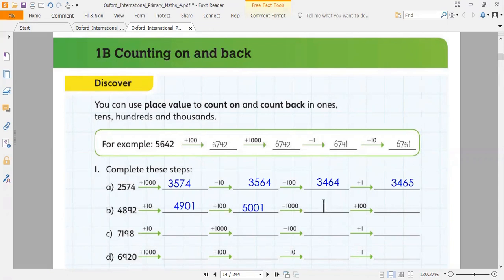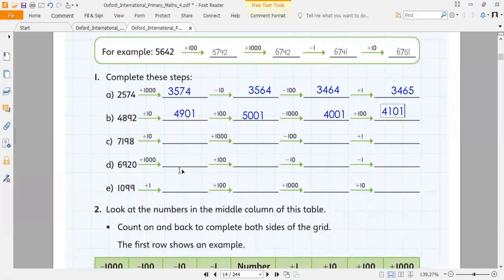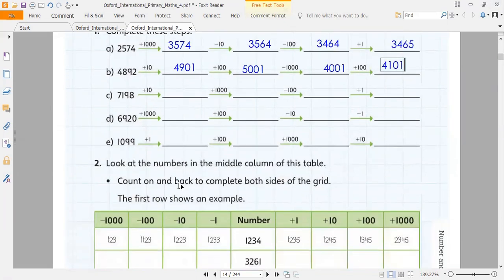Next is minus 1,000, so this will be 4,001. And if we plus 100 to it, it will be 4,101. So these three parts will be your homework.